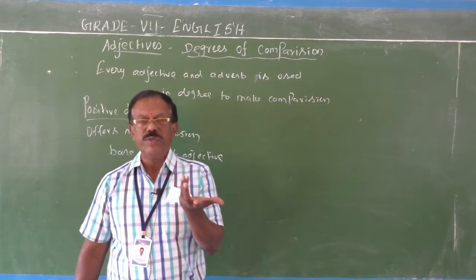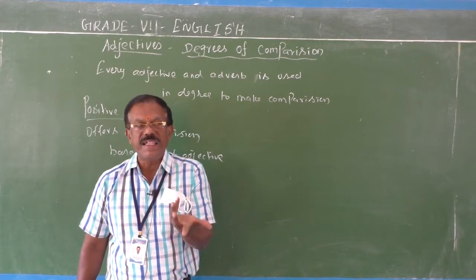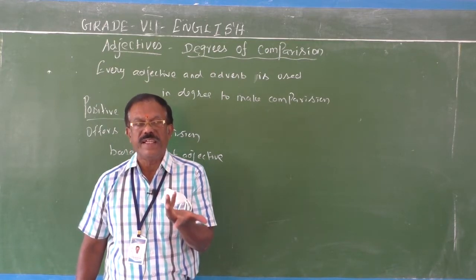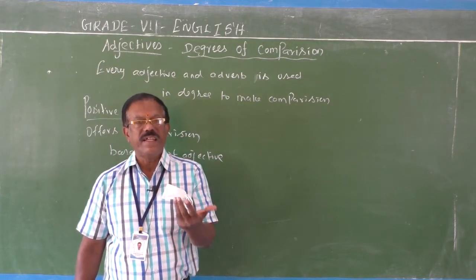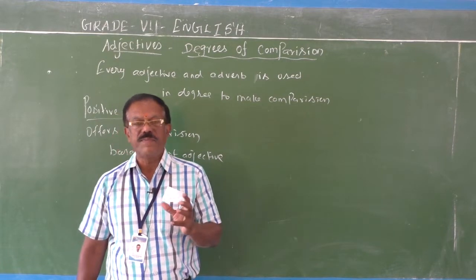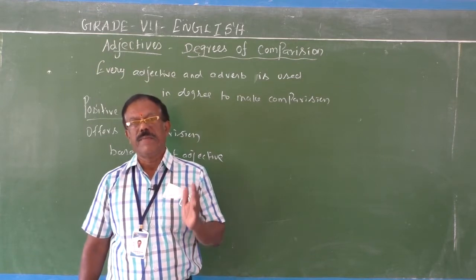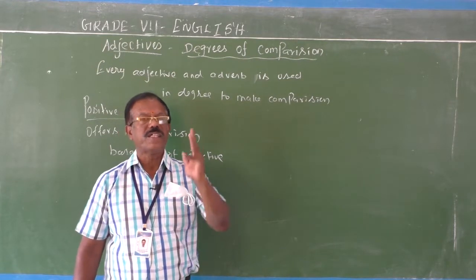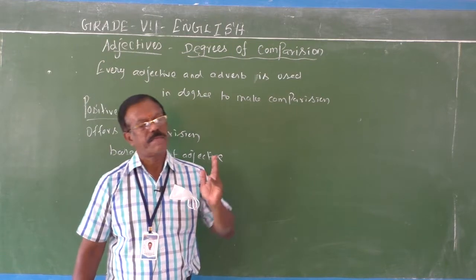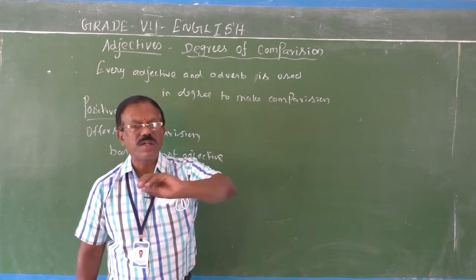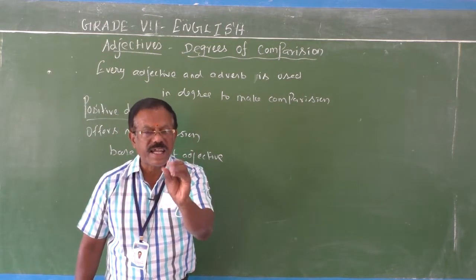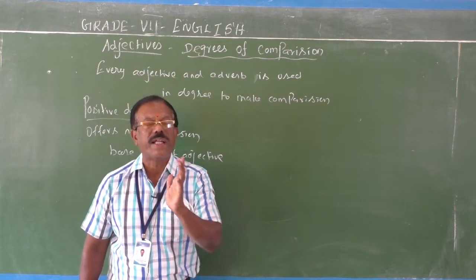He laughs beautifully. The child smiles beautifully. In this way, adjectives as well as adverbs can be used in the base form, that is called a positive degree. It offers no comparison. It just tells us the existence of quality.